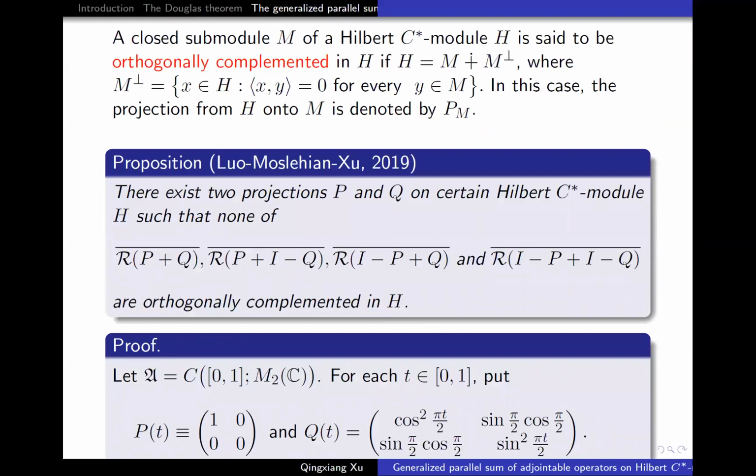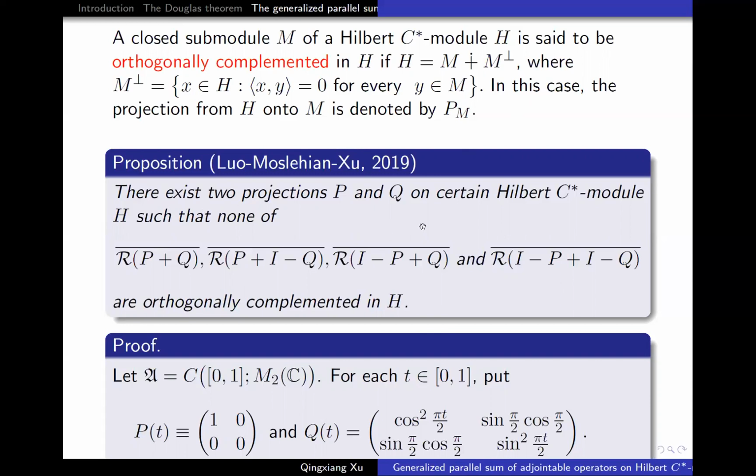And the most relevant to my talk is the concept of orthogonally complemented submodules. Suppose M is a closed submodule of a Hilbert module H. M is said to be orthogonally complemented if H is the sum of M and its orthogonal part. In this case, there is a projection from H onto M, which is denoted by P_M.